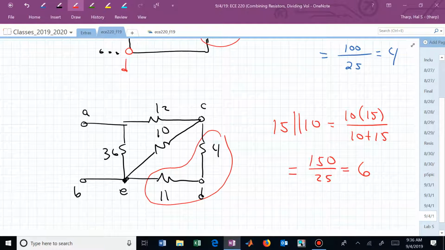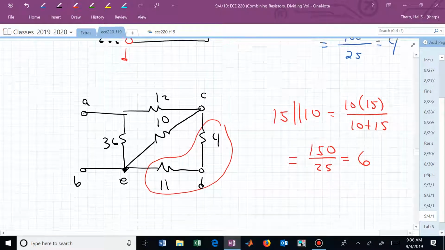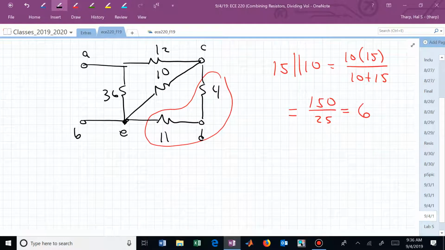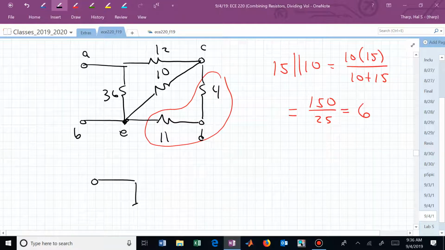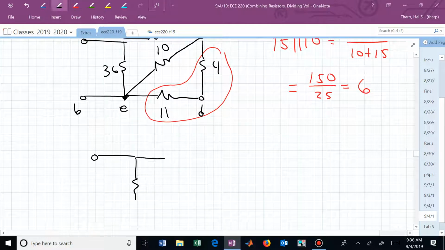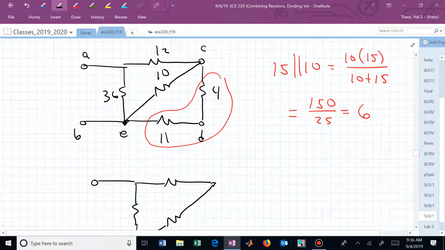The parallel combination of 10 and 15 gives us 6. Now we end up with, and there's nothing wrong with drawing all of these out as you're working through the process.